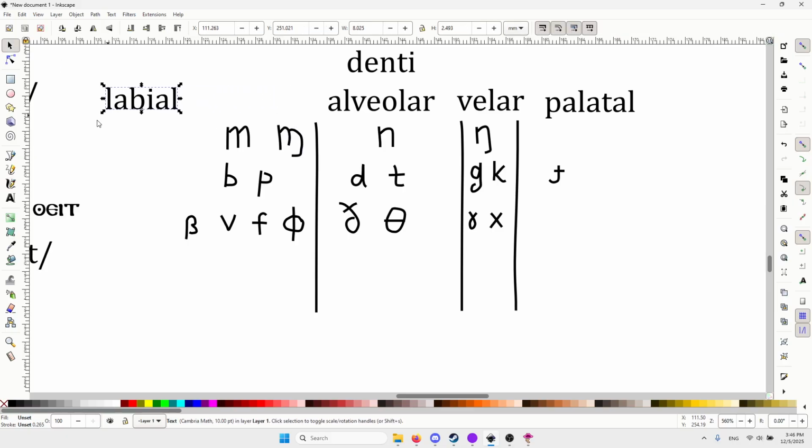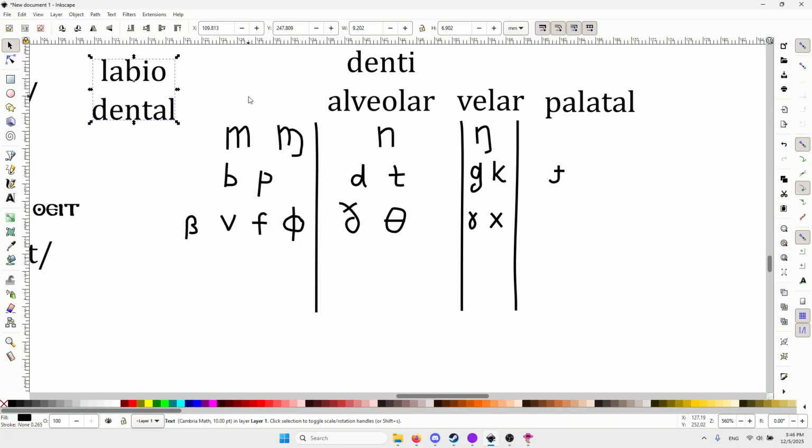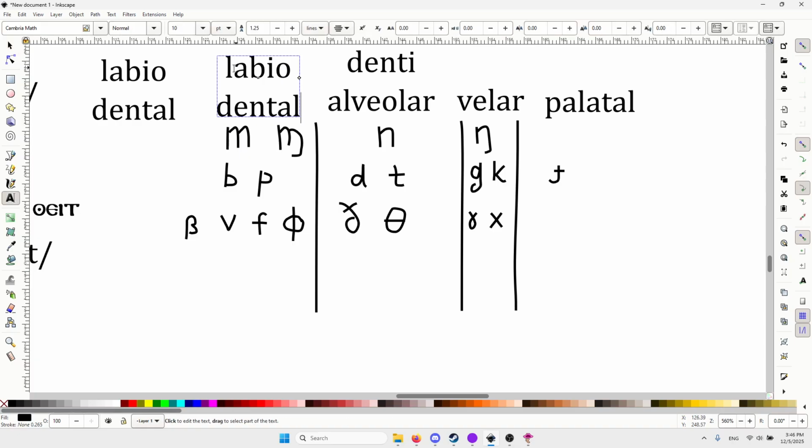So I'll just switch this into labial dental and denti alveolar. No, wait, not denti alveolar. Bilabial.